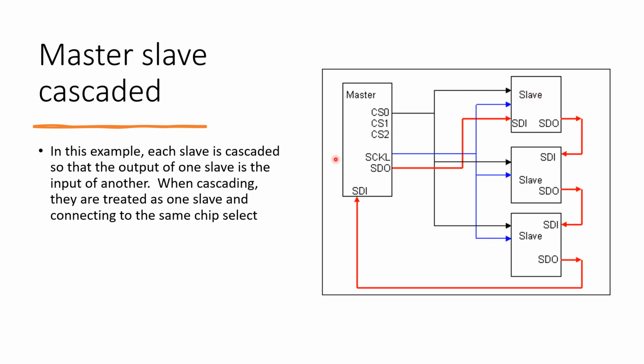So when you clock in, the data goes in cascaded from one slave to the other slave. So the data goes in from here, and the slave data comes in to here. So it really depends on how many slaves your data size depends on how many slaves are cascaded. So if you want to send data to all the slaves, you need to clock in for more clock cycles.